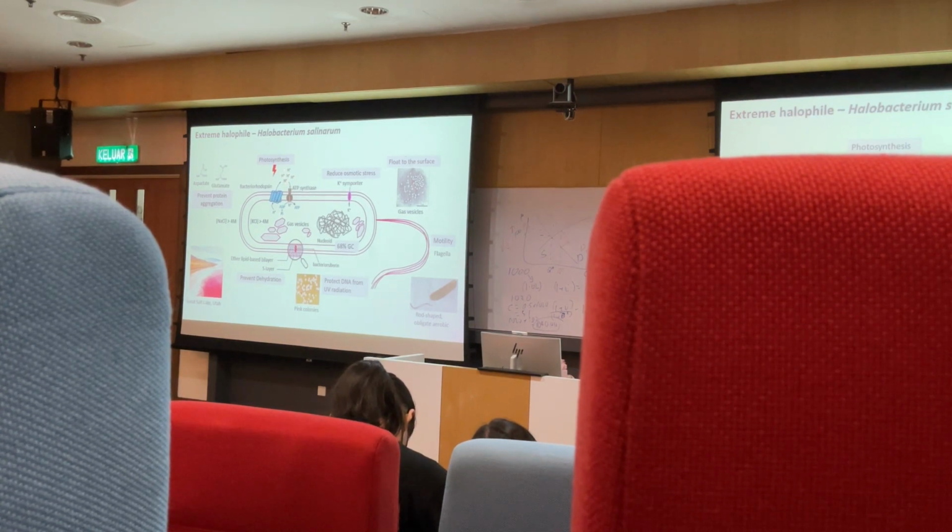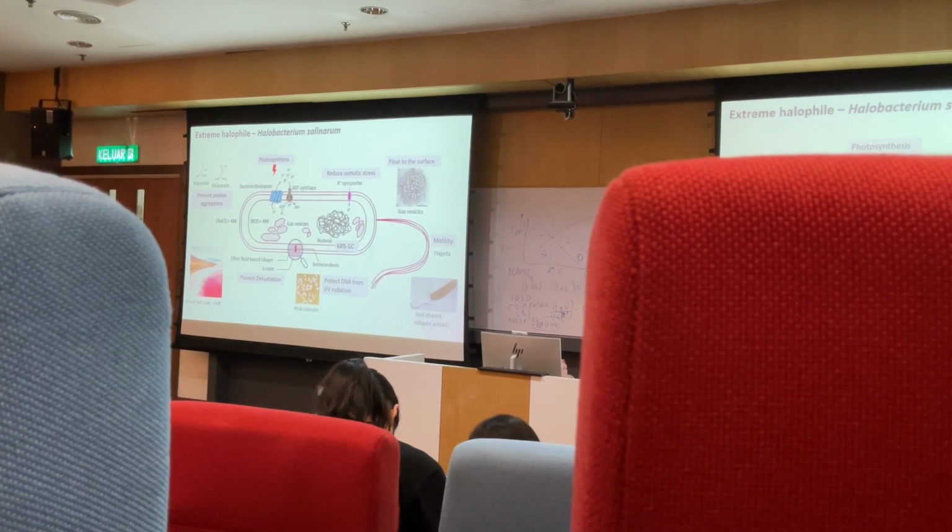Then the flow of the proton will come back through the ATP synthase, because there is high proton concentration outside and low inside, due to the pumping out by this bacterial rhodopsin. So when they come in, they generate energy. So these archaea use photosynthesis to generate energy. This is important.